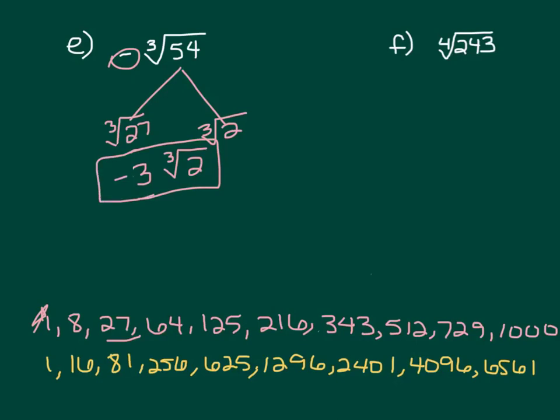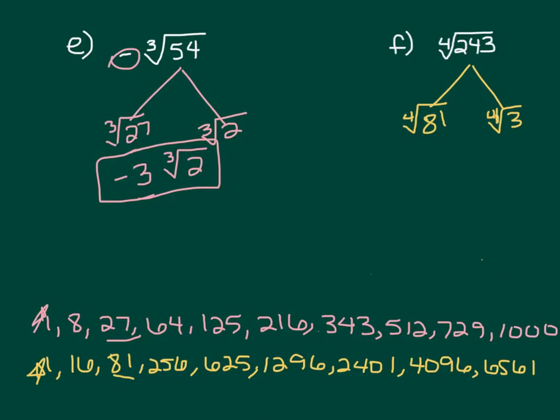Okay, and for F, I'm looking for the fourth root of 243. Since I'm looking for the fourth root, I'm going to look through this list. I can see that 81 times 3 is 243. So this is going to be the fourth root of 81 times the fourth root of 3.